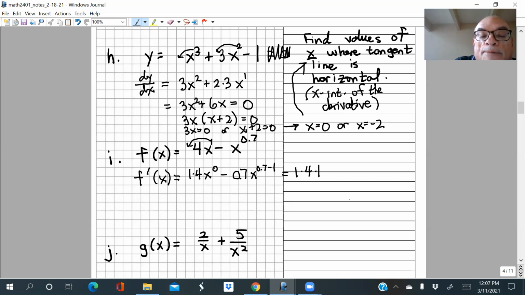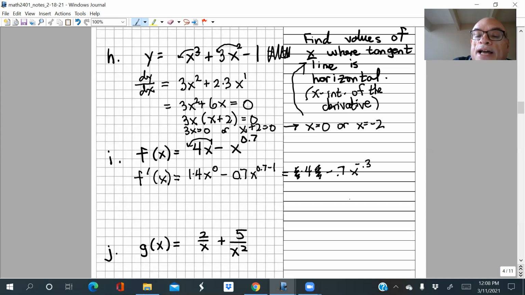So you don't have to write down the 1s. Here we have minus 0.7, and then x to the minus 0.3. And I think I would just leave it like this, okay? So 4 minus 0.7 x to the minus 0.3.